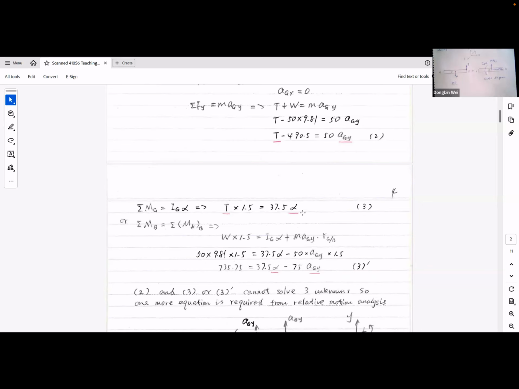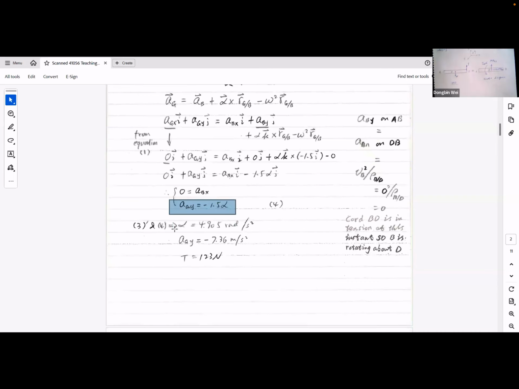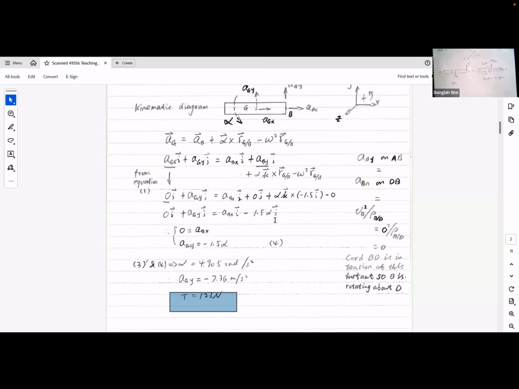So finally, we will have only 2 unknown parameters and 2 equations, so we can solve this problem. We can solve alpha, we can solve AGY, and also we can work out tension force T in the cord BD. And that's the solution of this problem.